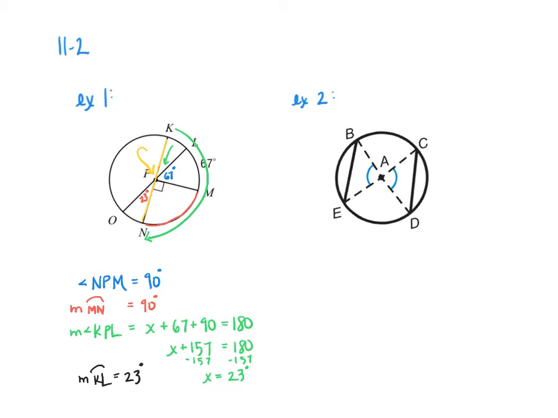And so let's just say you had to find the measure of arc KO. Well, you could do 180 minus 23 to give you 157 degrees.